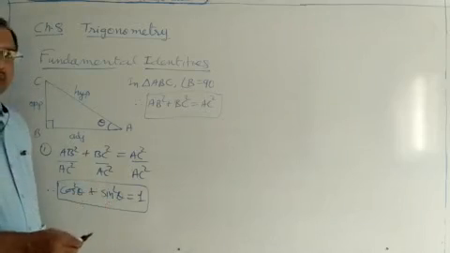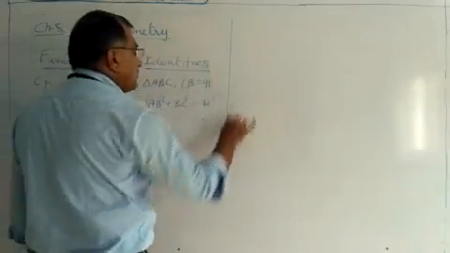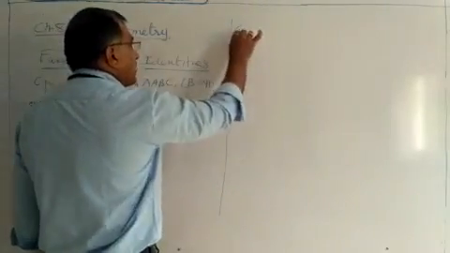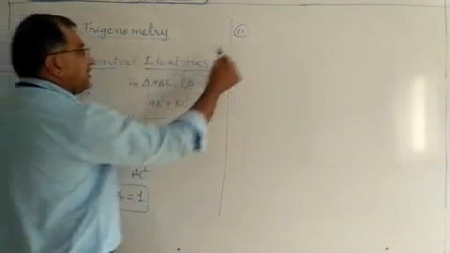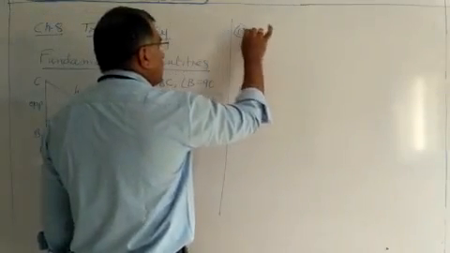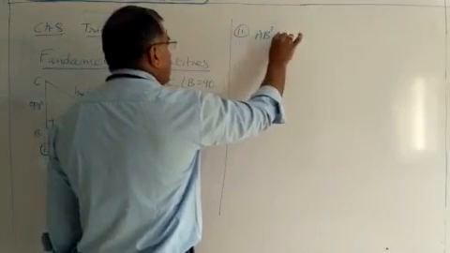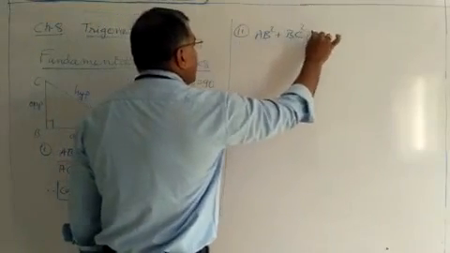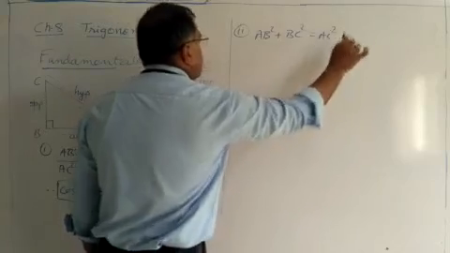Let us go for second identity. Here, again using Pythagoras theorem, AB square plus BC square is equal to AC square.